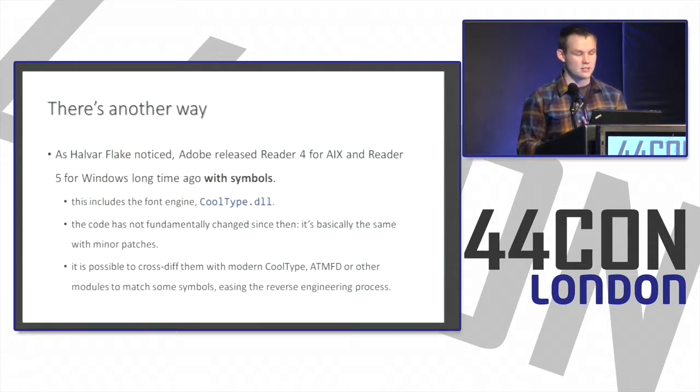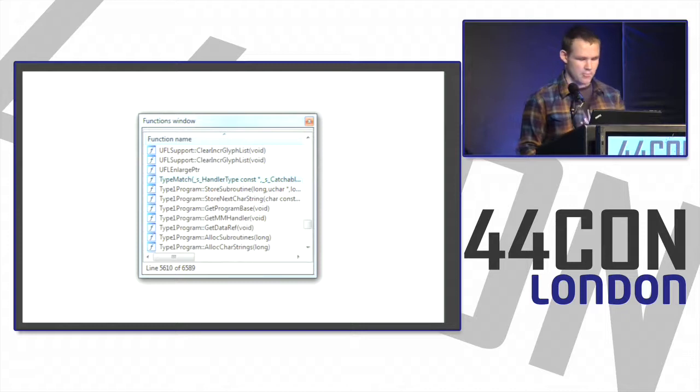As Halvar Flake noticed many years ago, Adobe released some builds of Adobe Reader 4 and 5 that would have symbols included, including the CoolType library, which is the library responsible for font rasterization. Since the code hasn't really fundamentally changed since then, we can just take some symbols by comparing the functions and move them to our ATMFD analysis, and it should work fine as well.